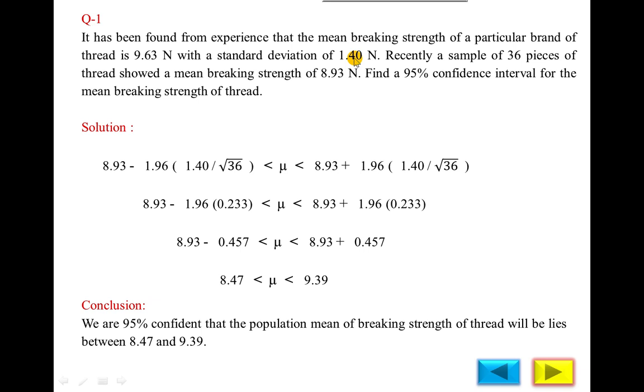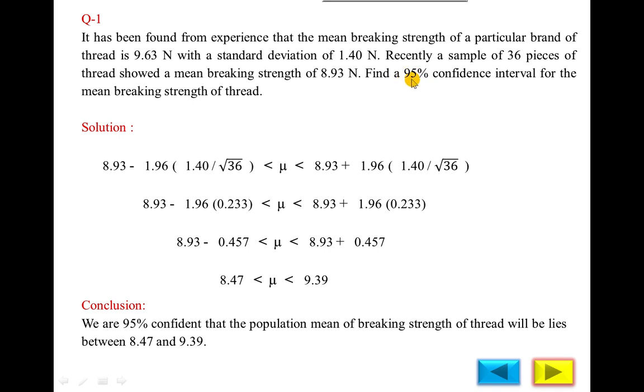With the standard deviation 1.40 we will use sigma in the formula of the confidence interval. Sample size 36 showed a mean breaking strength x bar 8.93. The 95% confidence interval, this is the question of the confidence interval only.